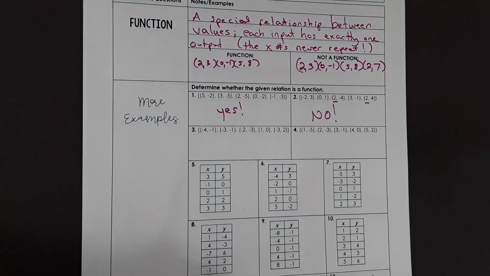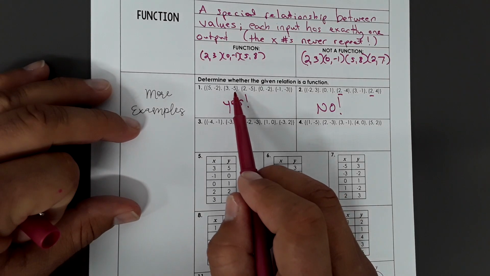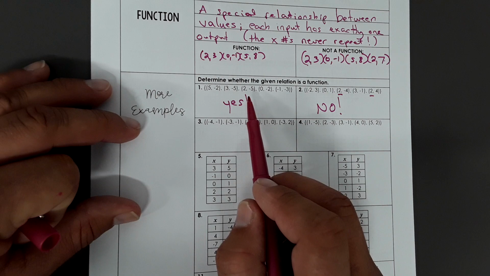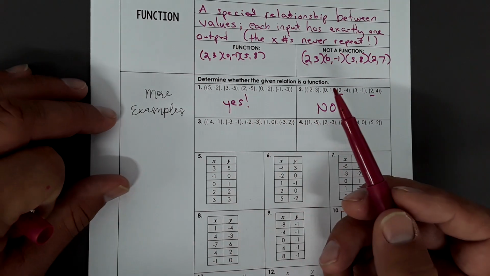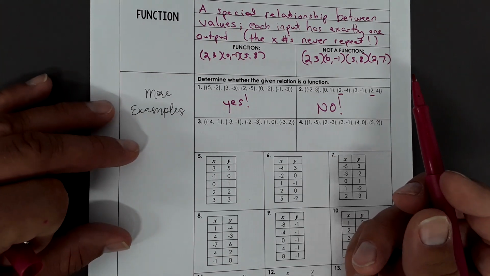Now, if the y numbers repeat, it doesn't matter. It makes no difference at all about the y numbers. If you look back to question 1, we had a repeating y number, -5 and -5. It does not matter. When determining whether it's a function or not, the y numbers do not matter. Only focus in on the x numbers.